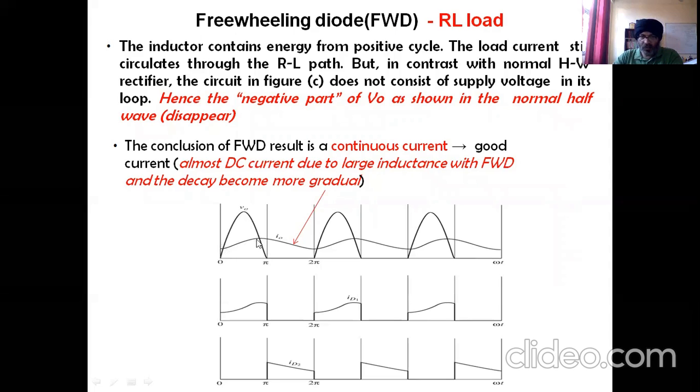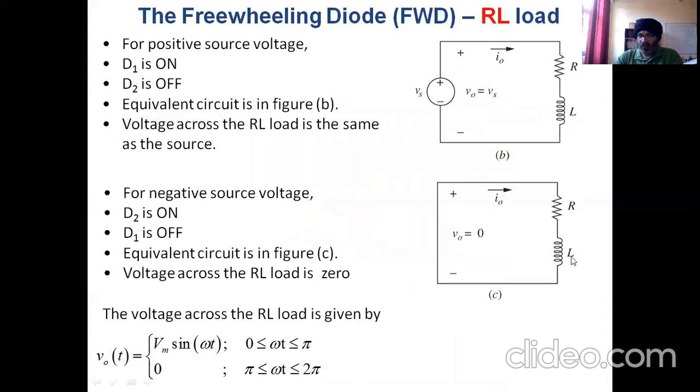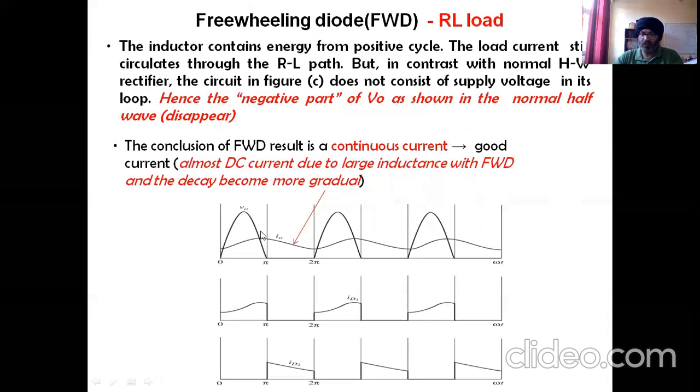Current starts to flow due to D1 because of the presence of inductance. The energy starts to be stored in the inductance during the positive half cycle. And the current continues to flow in finite time because in an inductance, it takes time to develop the current, like we saw in the previous circuit.